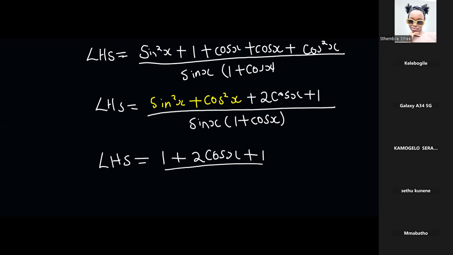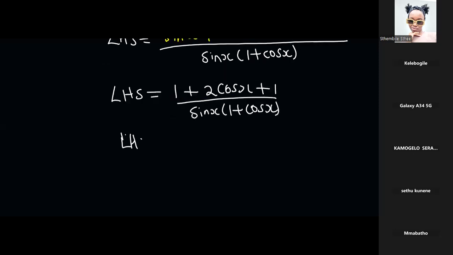And then from here you add 1 plus 1, which is 2. So you'll say 2 plus 2 cos of x all over the denominator, just leave it as it is, so it's sin x into 1 plus cos x.